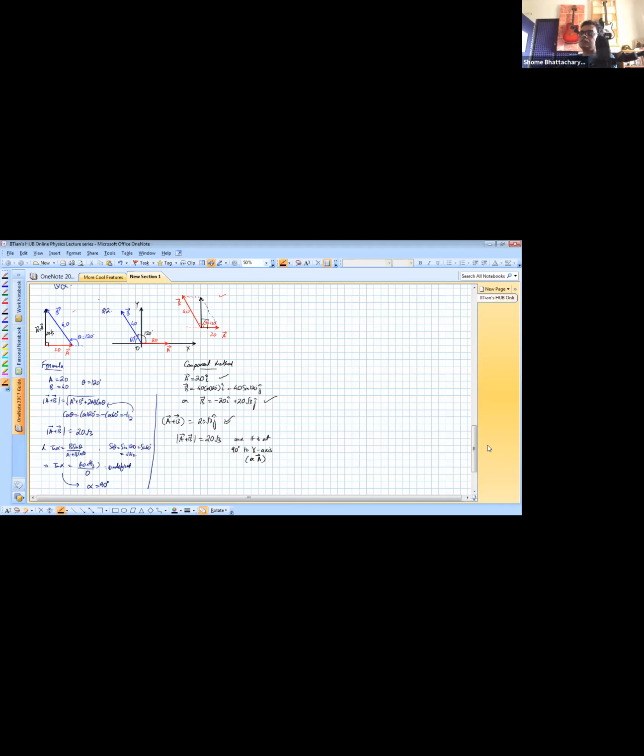Vector products, both scalar product and vector product, or dot product and cross product, will be coming in the next test that we have. This test will just be about resolving vectors, components, and sum and difference and these kind of operations.